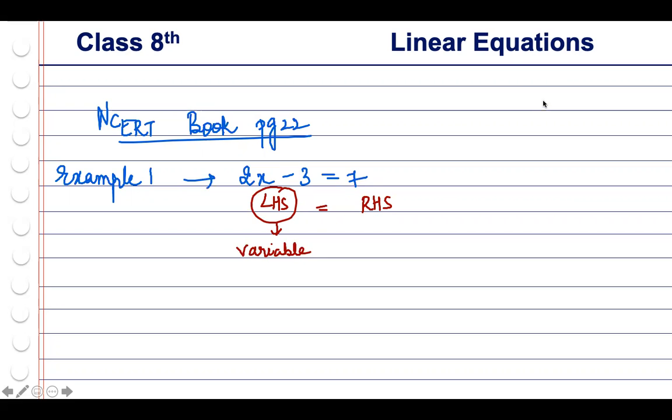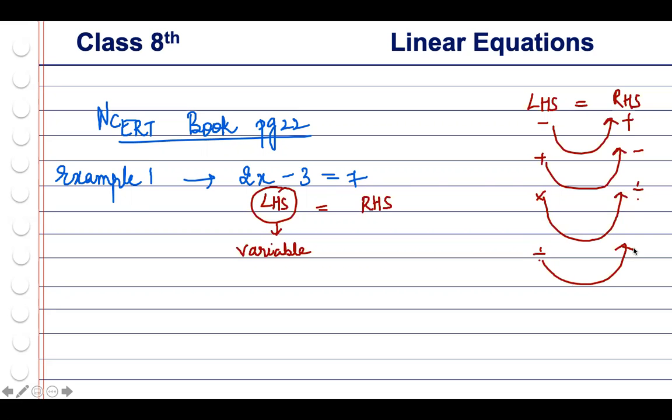As you know, when it is minus on the LHS and goes to the RHS, it becomes plus. When it is plus, it becomes minus. When it is multiply, it becomes divide. When it is divide, it becomes multiply. This is the basic which we had studied in the 8th class.